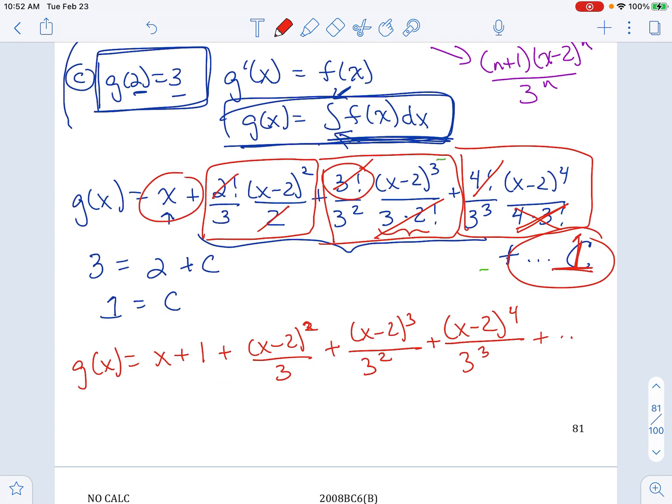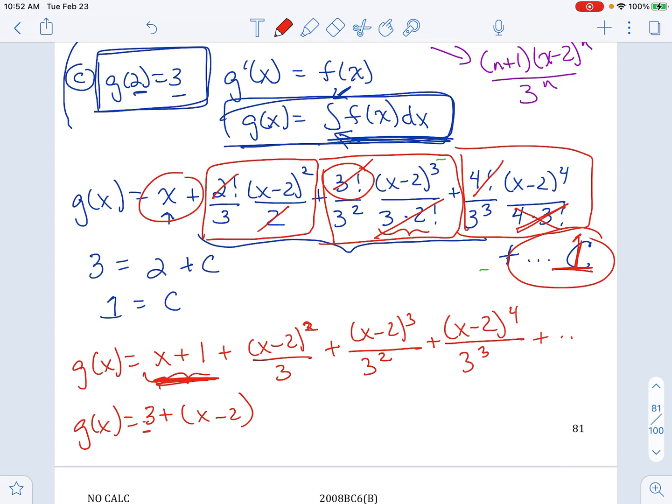Here's the other thing that's happening here. The problem asked us to find a series about x equals 2. Notice all the x's have an x minus 2 there, but this one. So it has to be written in the form x minus 2. So I'm going to rewrite it as x minus 2. But if I do that, I've changed this problem, so I can write that like this: 3 plus x minus 2 is the same as x plus 1.